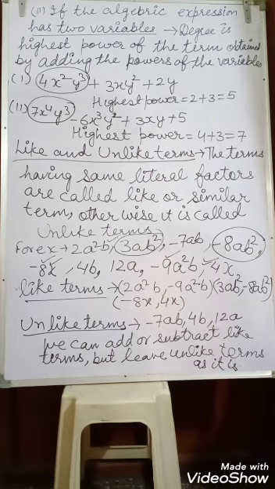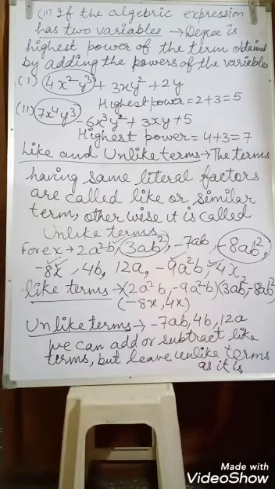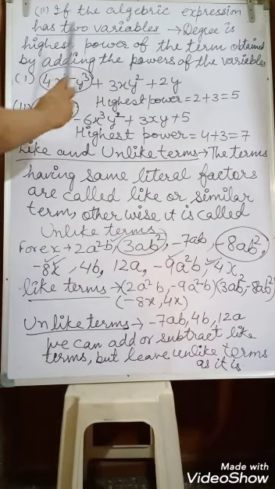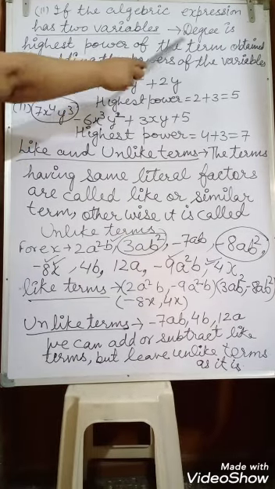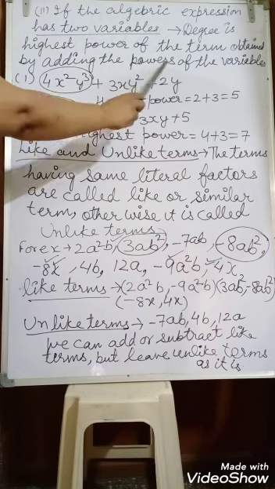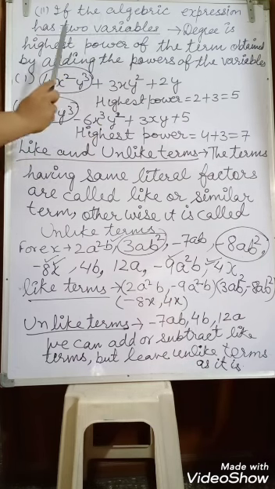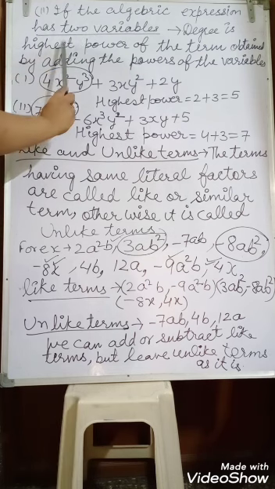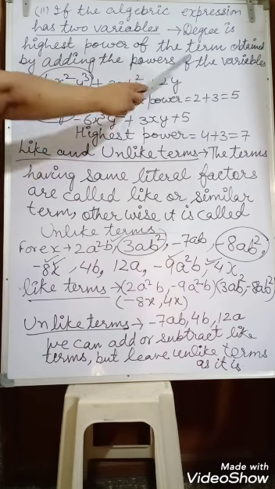Now class, if the algebraic expression has two variables, then the degree is the highest power of the terms obtained by adding the powers of the variables. Just understand it once again. Degree is the highest power of the term obtained by adding the powers of the variables.